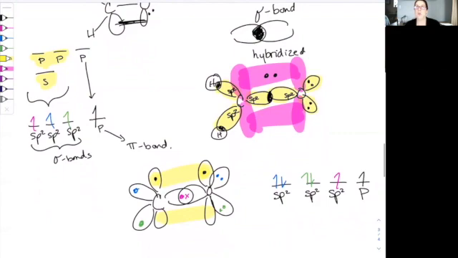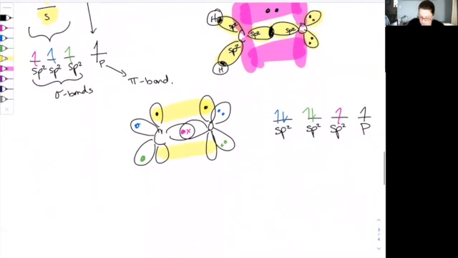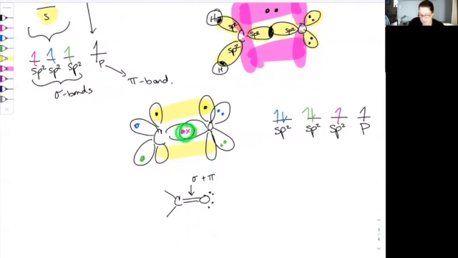Okay, so I want to make sure we're talking about a pi bond and not a double bond, because this molecule, and I'm going to draw it like this, has 2 other bonds to it. In between the carbon and the oxygen, there's a double bond, which is a sigma bond plus a pi bond. The sigma bond is coming from these 2 pink electrons that are being shared.